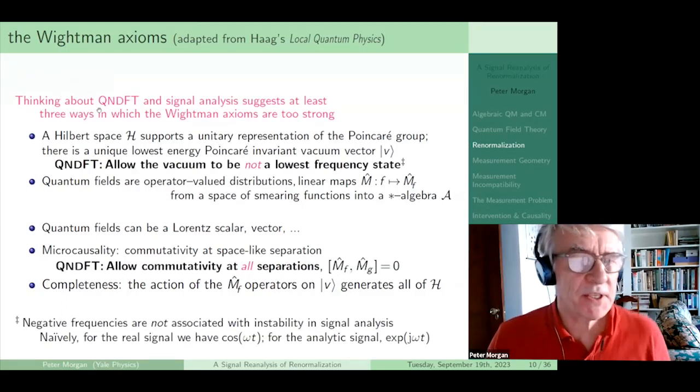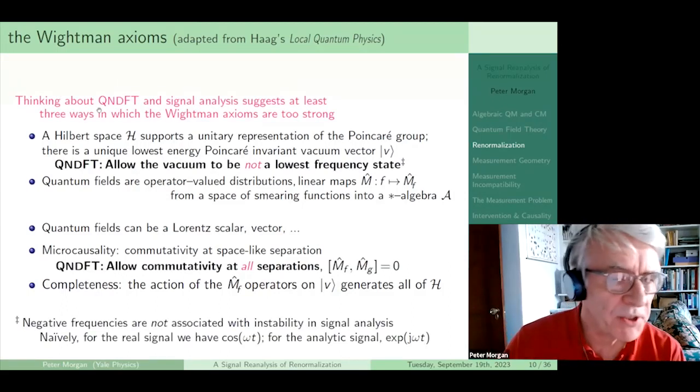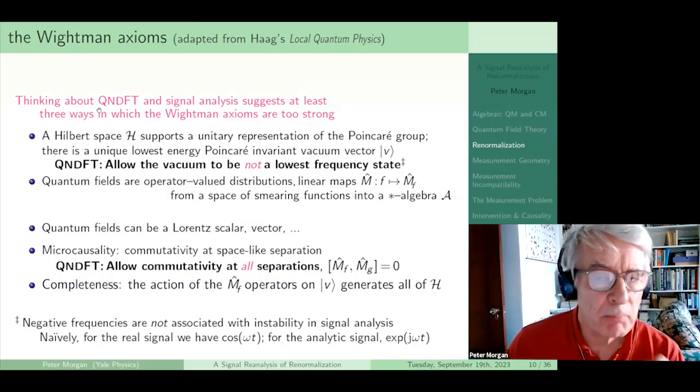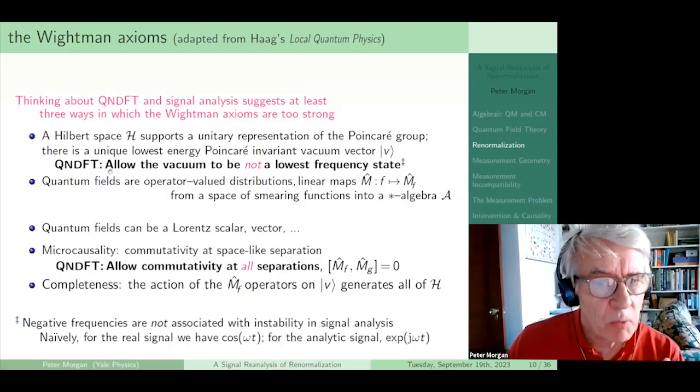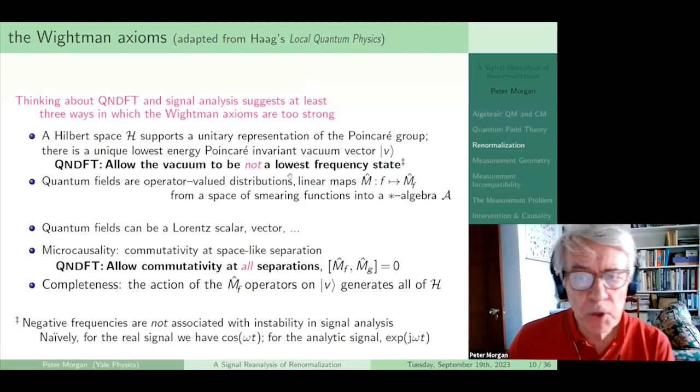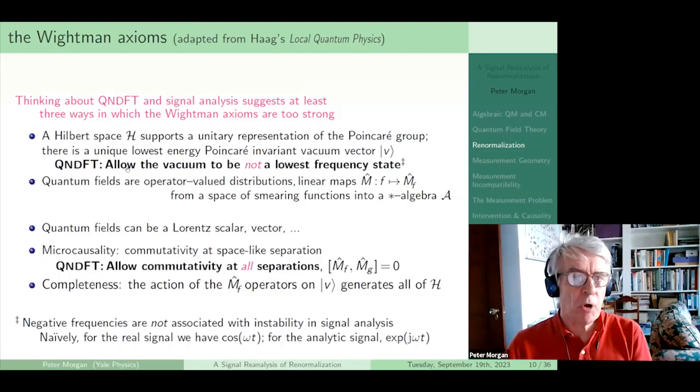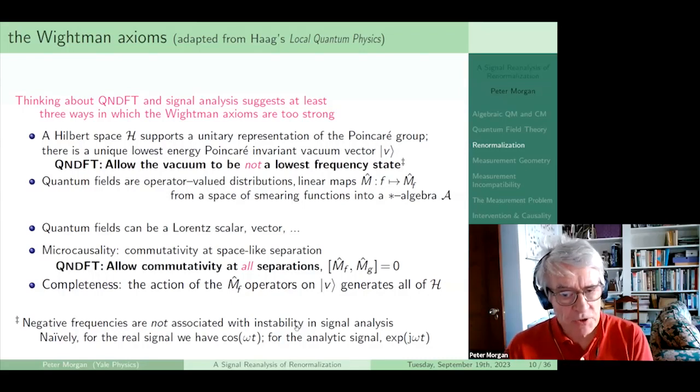But if we think about this in a signal analysis and quantum non-demolition field theory way, there are three ways in which the Wightman axioms look much too strong to me. One is that for a quantum non-demolition field theory, we should allow the vacuum to be not a purely lowest frequency state. So now I'm not going to call it lowest energy, I'm going to call it lowest frequency, because in classical signal analysis, negative frequencies aren't energy.